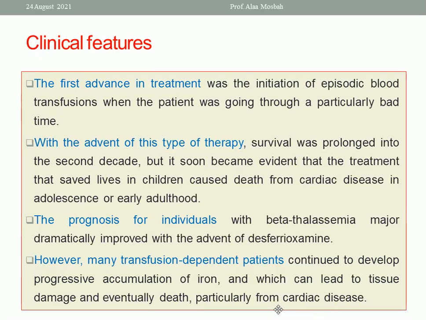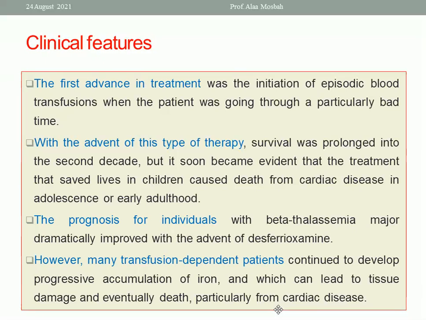But with the availability of blood transfusion, this gave a chance for survival for these patients, prolonged to the second decade of life. But it soon became evident that the treatment that saved the lives of children caused death from cardiac disease in adolescent age.